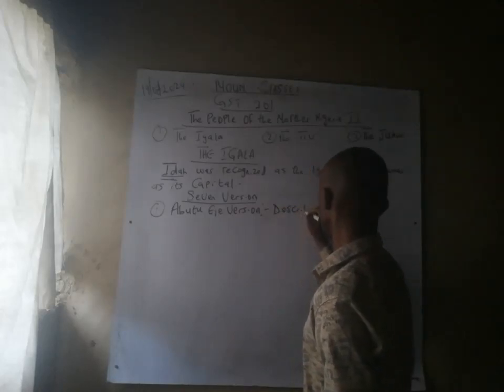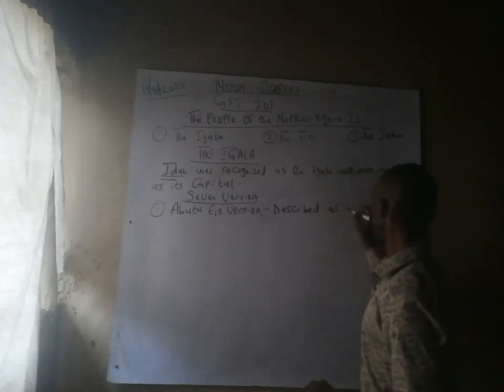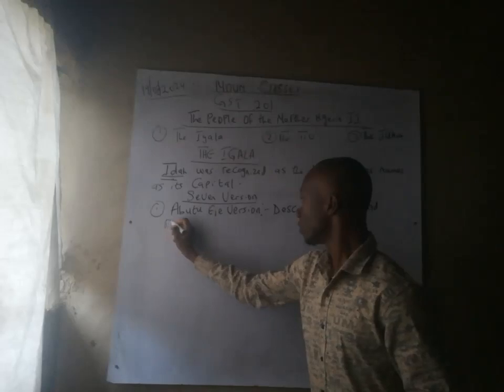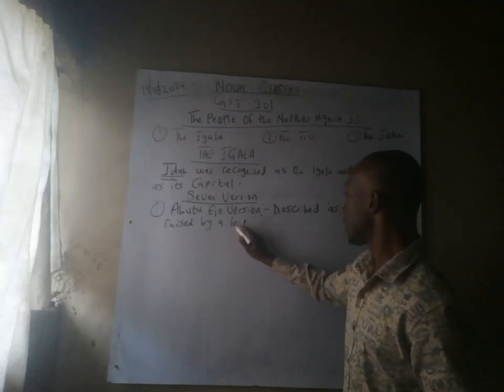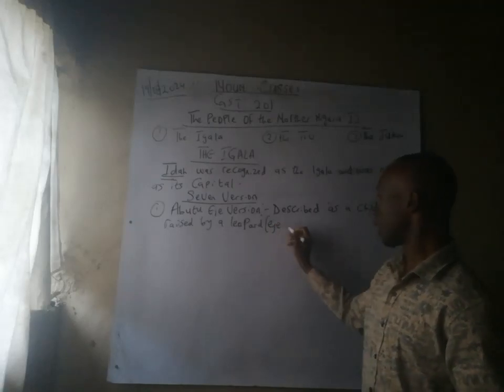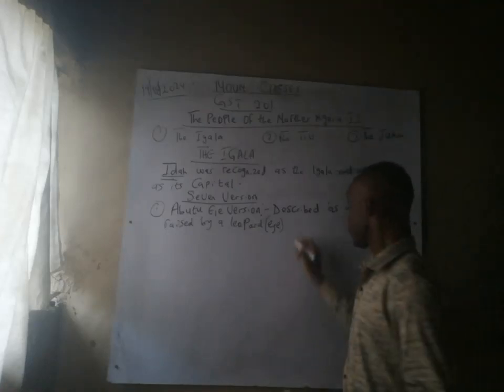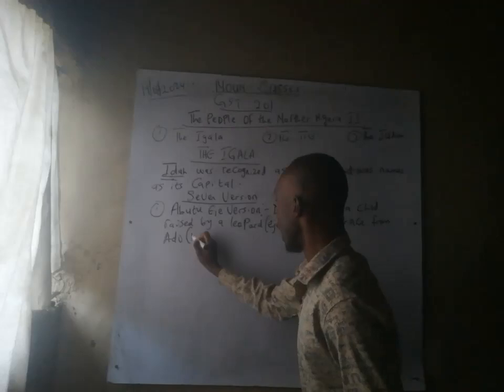This version is described as a child raised by a leopard, or as a prince from Ado or Akpa. And what is Ado?